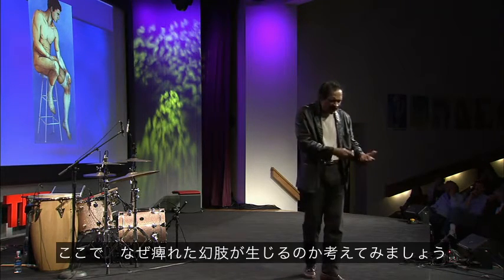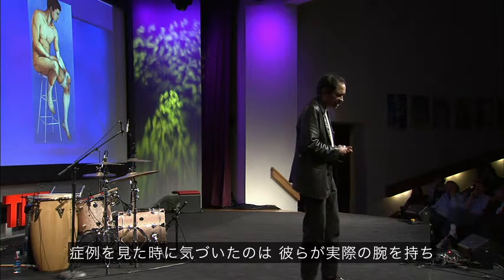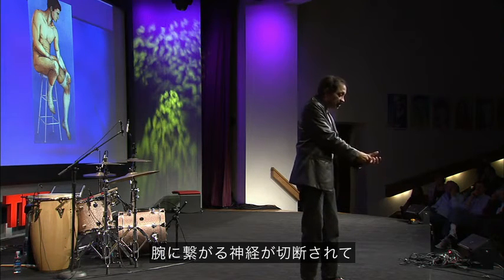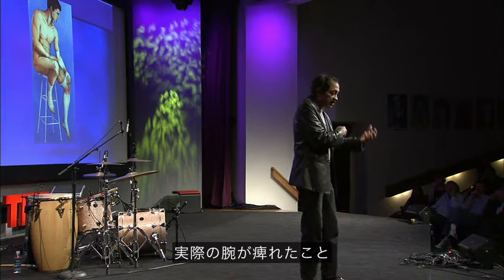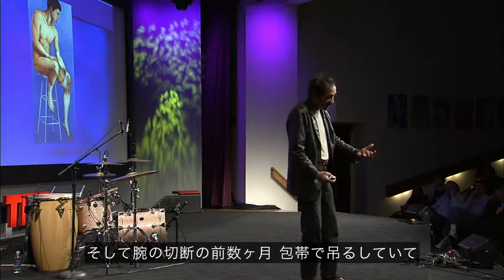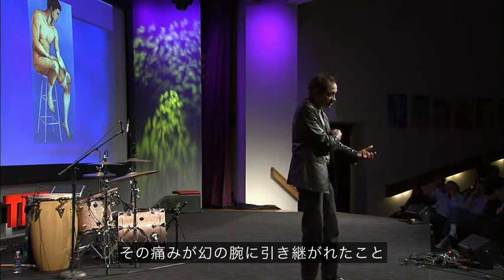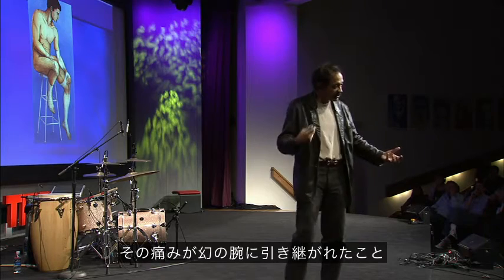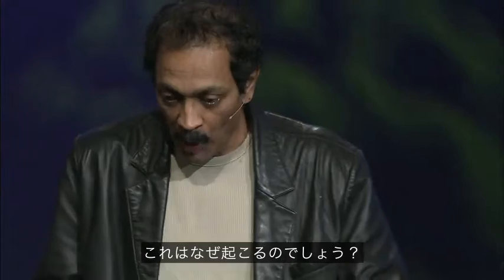Now, why do you get a paralyzed phantom limb? When I looked at the case sheet, I found that they had an actual arm, and the nerve supplying the arm had been cut, and the actual arm had been paralyzed and lying in a sling for several months before the amputation, and this pain then gets carried over into the phantom itself. Why does this happen?